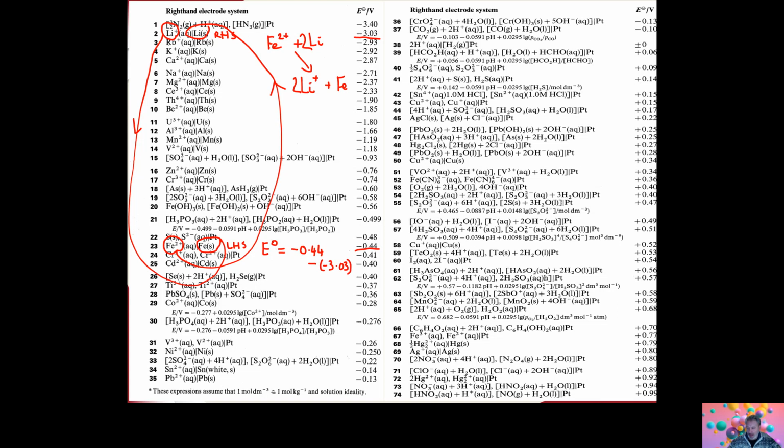Okay. And then if we can do the maths of that, we can do that minus, so minus 0.44 plus, because that's going to become positive, plus 3.03 is equal to, if I can read my calculator, 2.59.